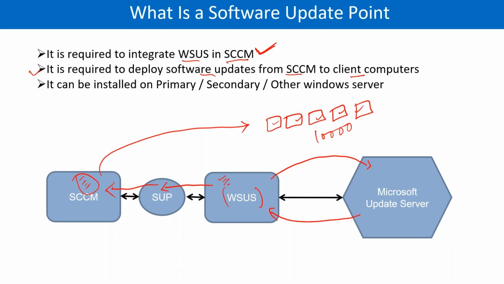Okay, this is an optional role, guys. Optional means some people are not using it. They are doing it from WSUS itself. They are not using it from SCCM, but we will use SCCM, so that's the reason it is optional.